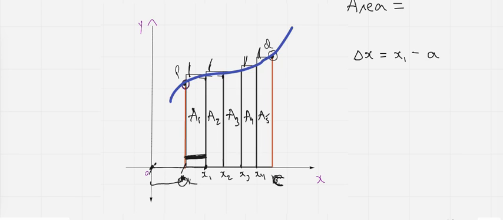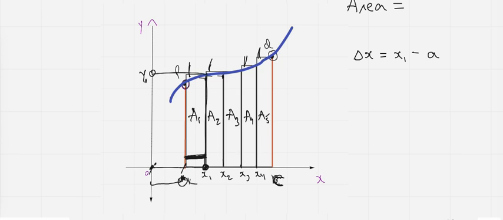So if I talk about my first rectangle, the first rectangle has an x coordinate over here. This is the second x coordinate. So I try to find its corresponding y coordinate here. It is mapping somewhere here.